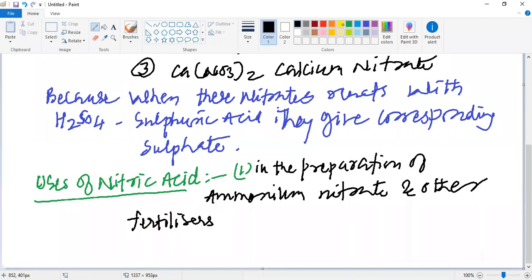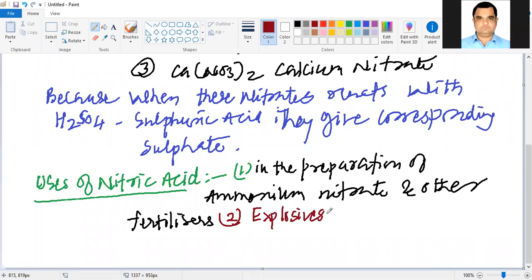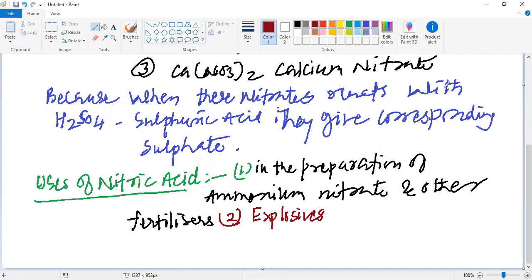So this is the first important use of nitric acid, that nitric acid is used in the preparation of ammonium nitrate and other fertilizers. It is also used for making explosives. So some of the explosives are also prepared by this particular acid.